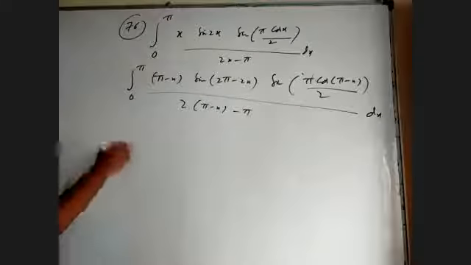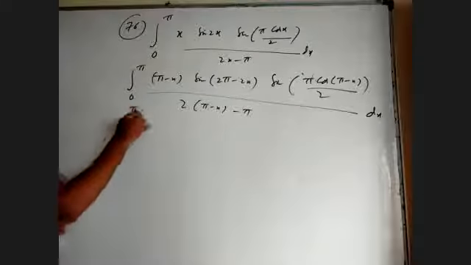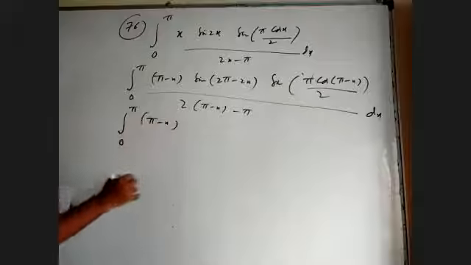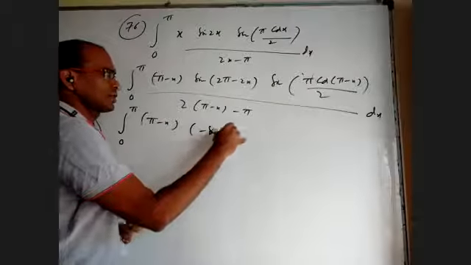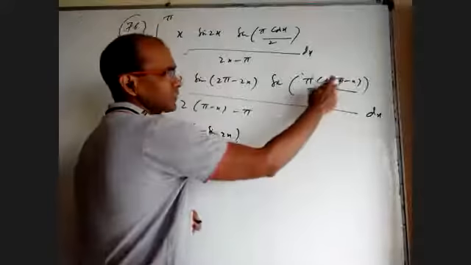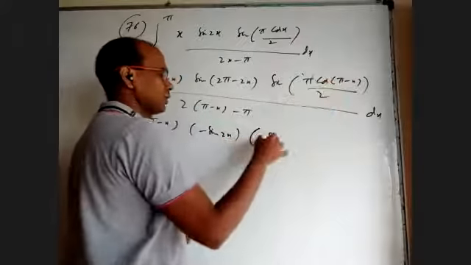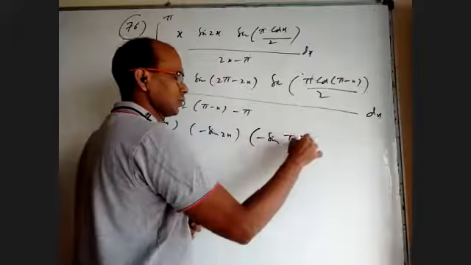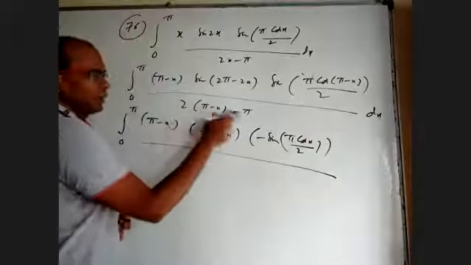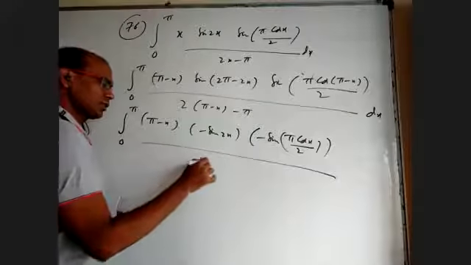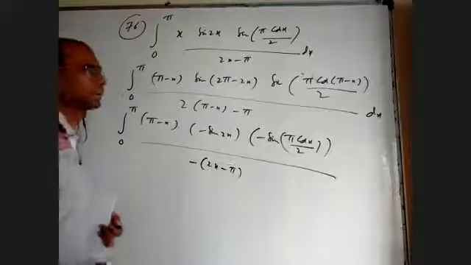Now let us simplify this. This is pi minus x. Sin 360 minus theta is minus sin theta, so minus sin 2x. Cos 180 minus theta is minus, and that minus will come out. I'll get a minus sin pi cos x by 2. This is 2 pi minus pi, which is pi minus 2x, which is minus of 2x minus pi.